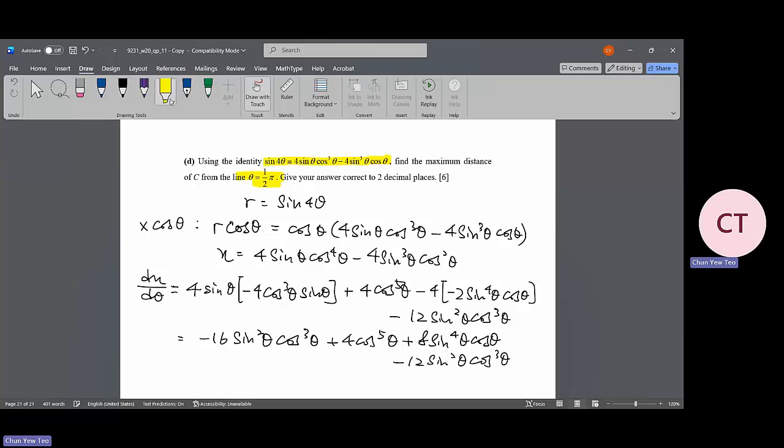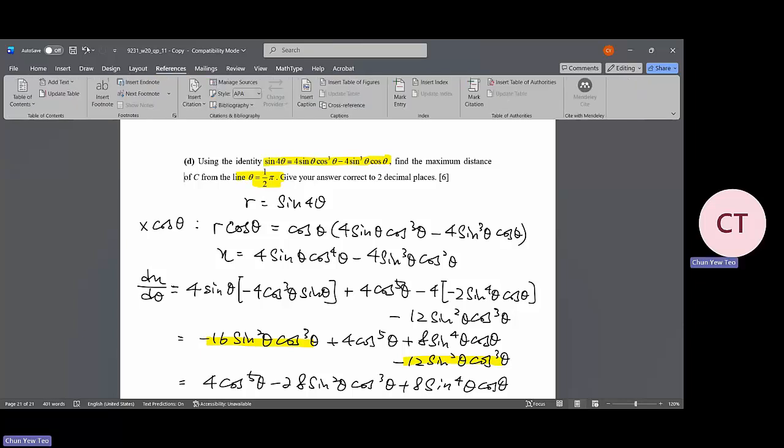So you can see that these two have the same expressions. We can combine them together, make it become 4 cos power 5 theta minus a 28 sine square theta cos cube theta plus 8 sine power 4 theta cos theta.